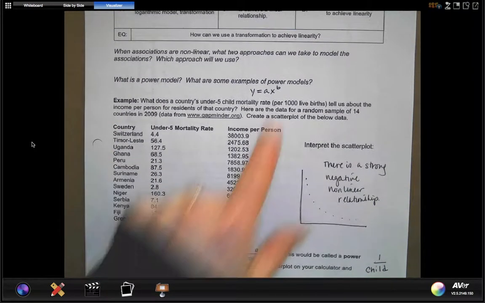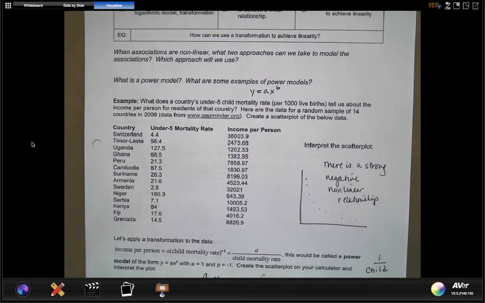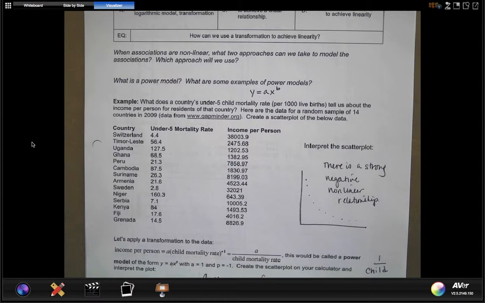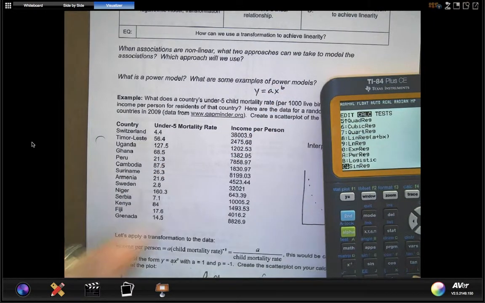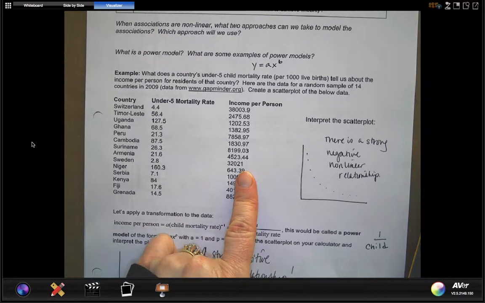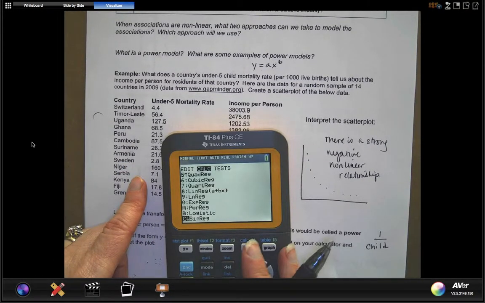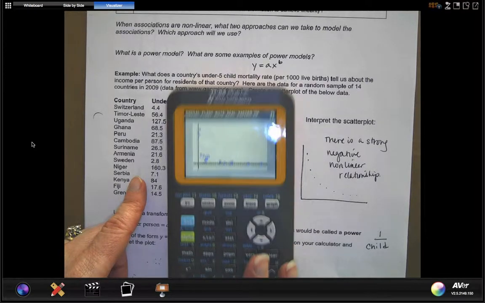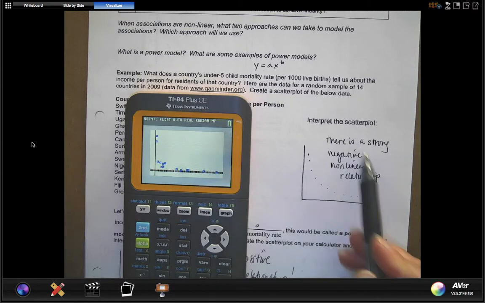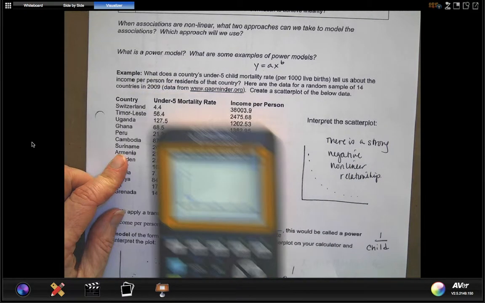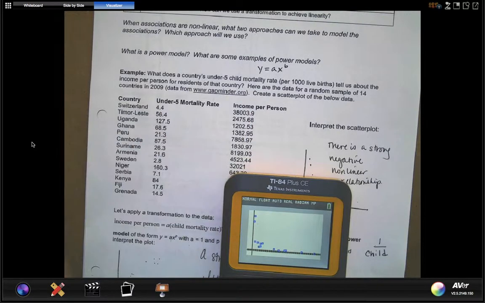So anything where the variable is increasing at a constant rate, or whatever, at something I can raise to a power of. If you type this data into your calculator and you look at the scatter plot, you can see it looks like this. So there's a strong negative non-linear relationship between under 5 mortality rate and income per person.